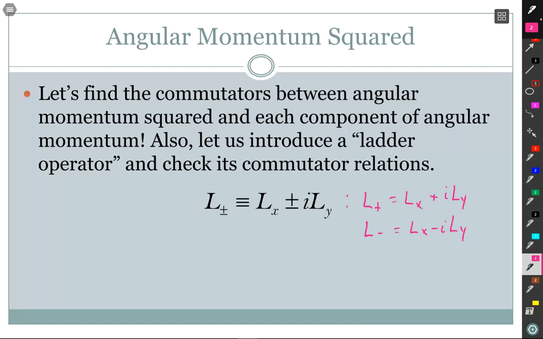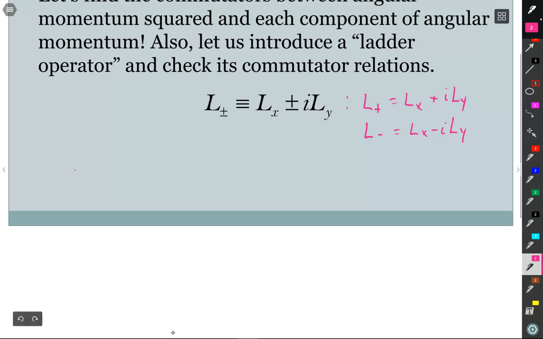So we're going to introduce these commutators. And now it says, check its commutator relations. You excited? It's not as hard because we've already done the hard one. So if I want to do, for instance, Lx, comma L plus, it's that, right?